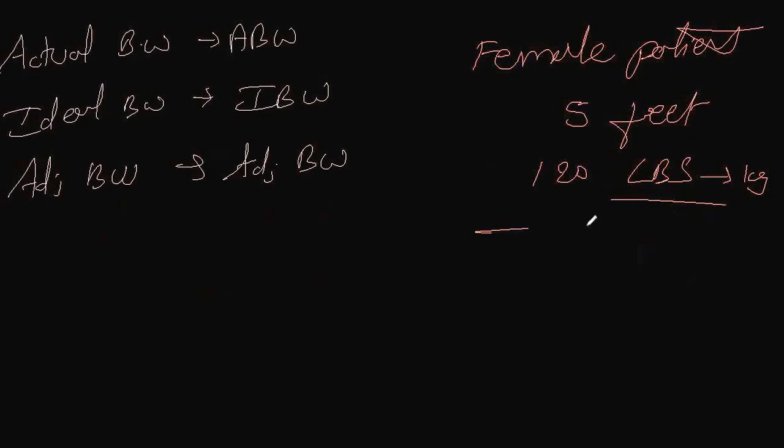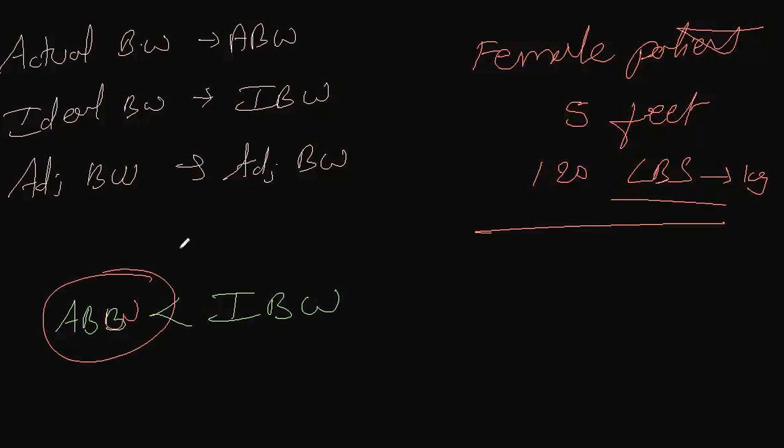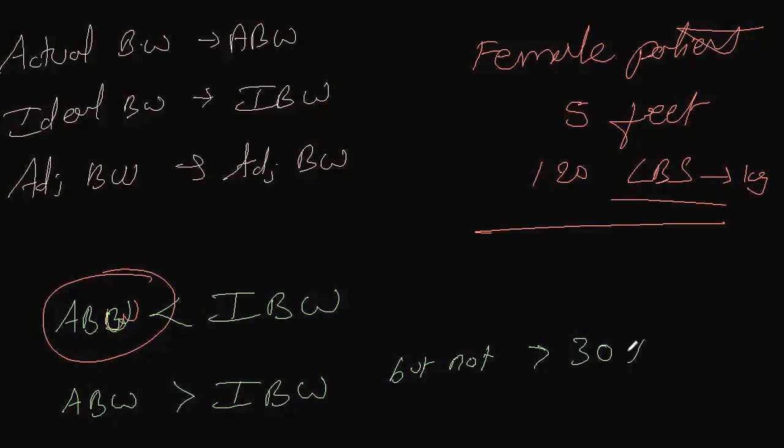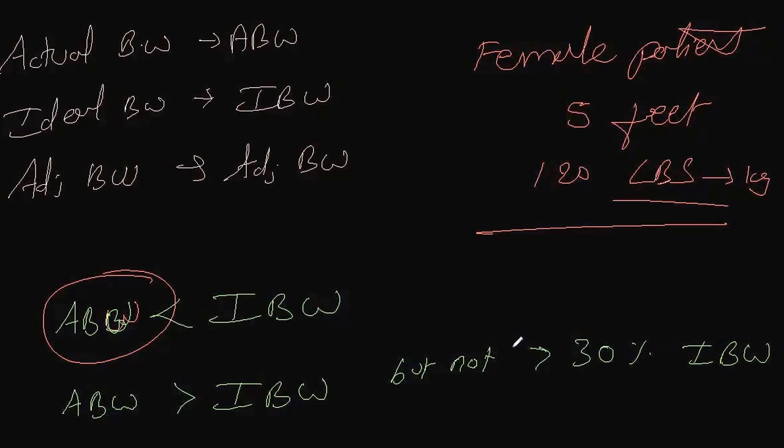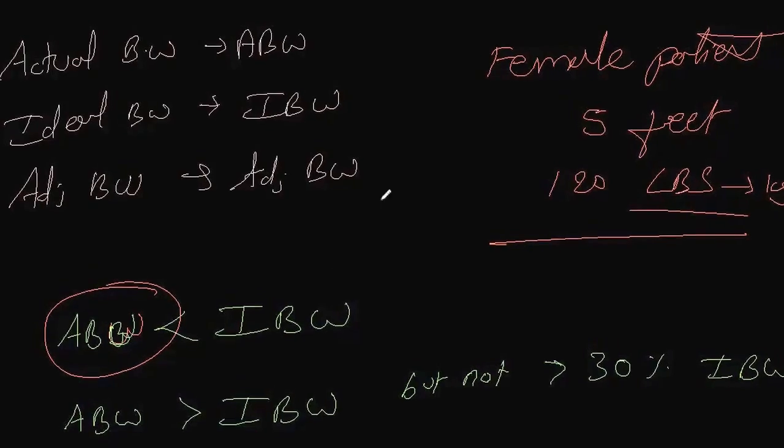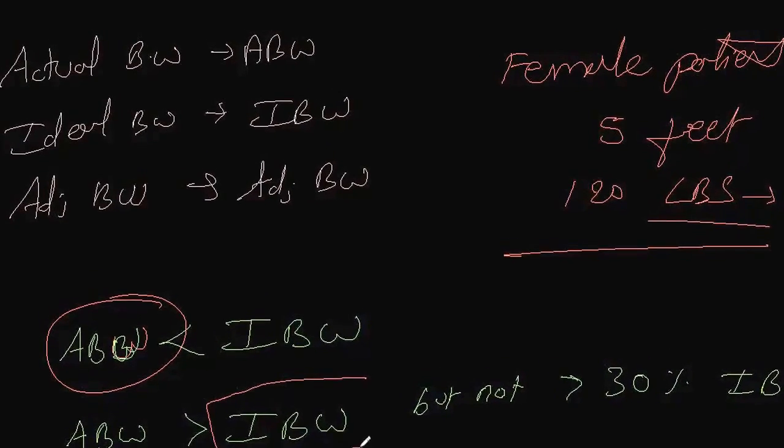Before we solve this puzzle, if the actual body weight is less than the ideal body weight, then we are going to use the actual body weight. And if the actual body weight is greater than the ideal body weight, but it is not greater than 30% of the ideal body weight, then we are going to consider only the ideal body weight.